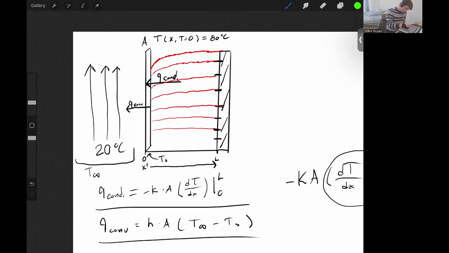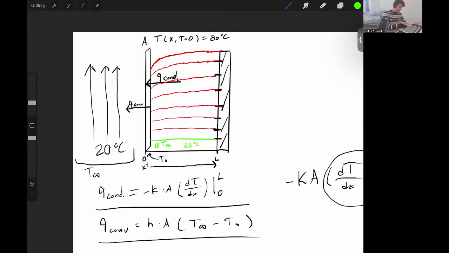So I'm going to say at T infinity, it's been so long that the slab has lost all of its heat, where this will now equal 20 degrees Celsius, because eventually it's going to lose all of its heat.